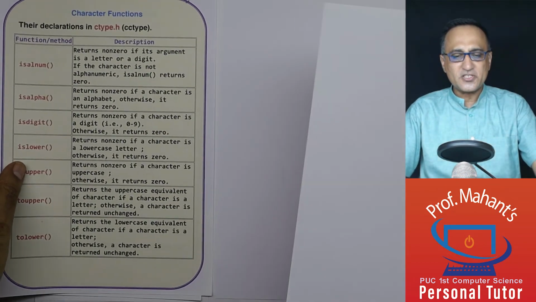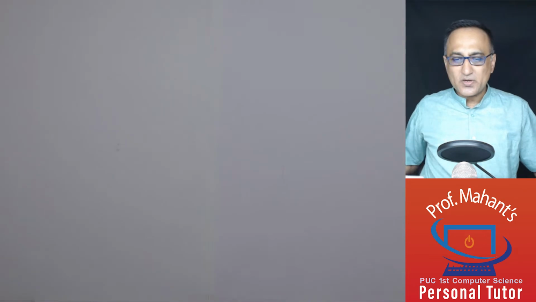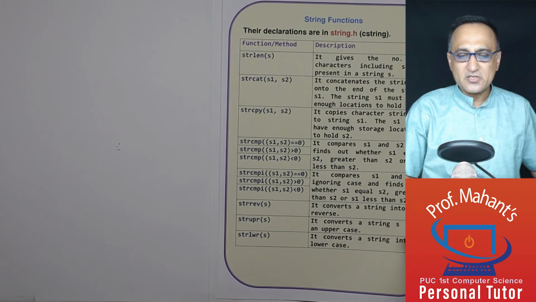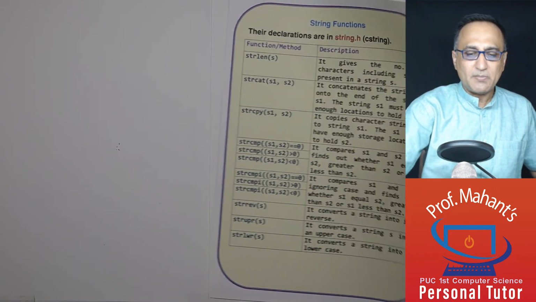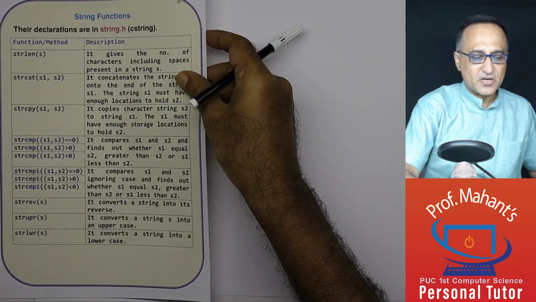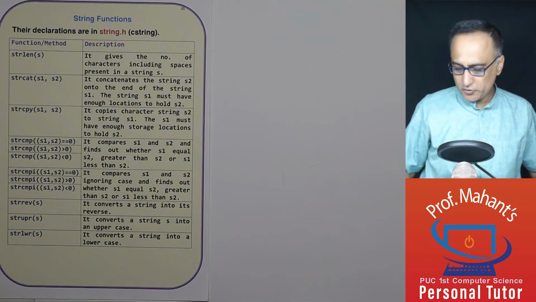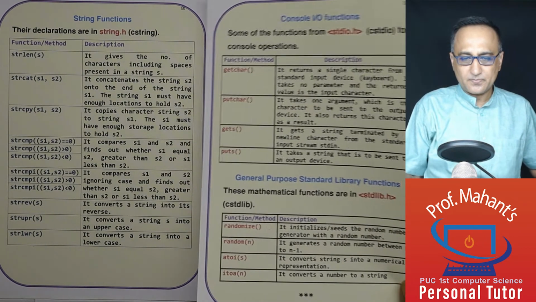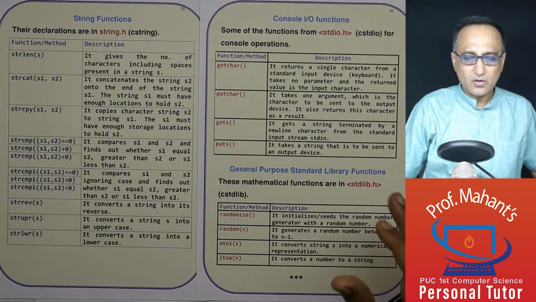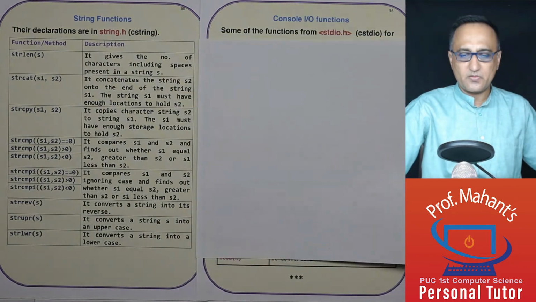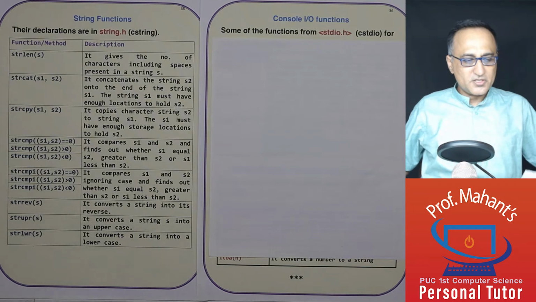String functions are functions which act on or work on strings. What is an example of a string? Let's say your name is Ravi. Ravi in double quotes is an example of a string. So let's focus our attention on string functions.